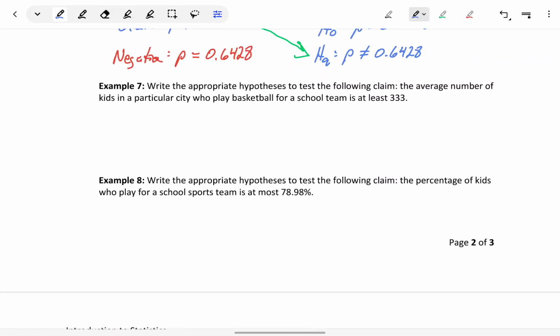In example 7, the claim is that the average, so the mean, number of kids in a particular city who play basketball for a school team is at least 333. So the claim would be that mu is at least, so greater than or equal to 333, and the negation of that would be mu is less than 333.